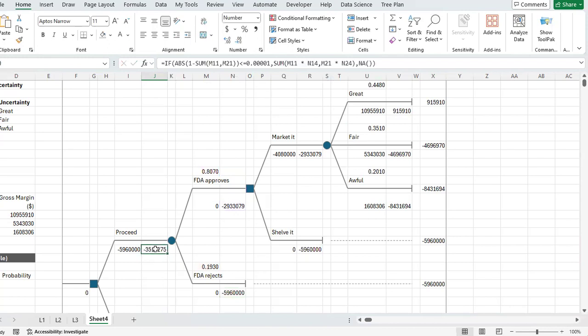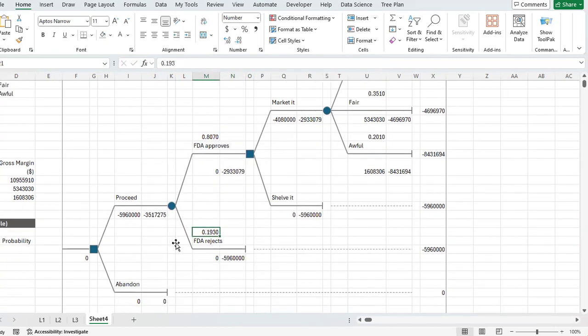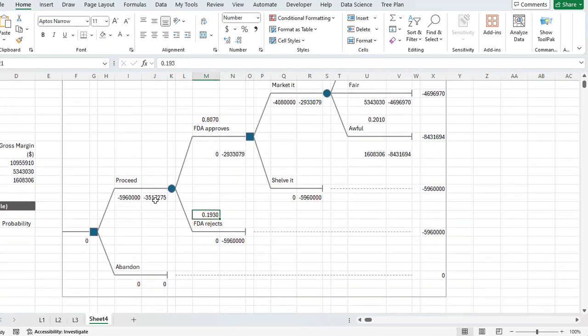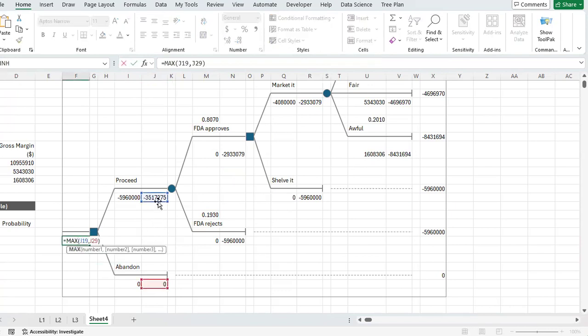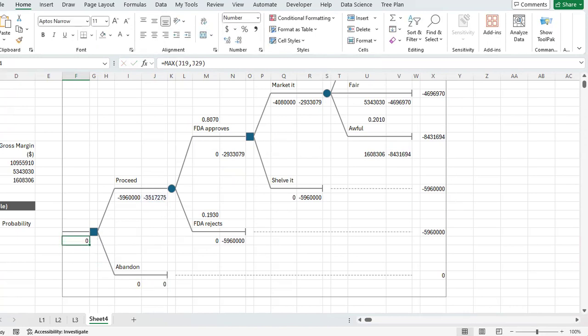So this is the expected value of this result and that result. This has a probability equal to 0.8070, and this has a probability of 0.1930. And then down here, we're going to compare this to 0. And since 0 is bigger than negative 3517275, we're going to abandon the product.